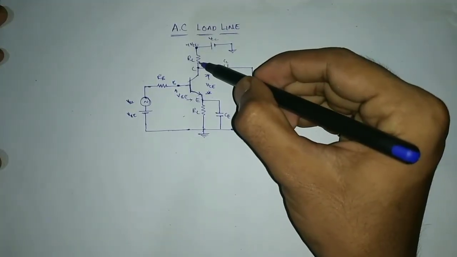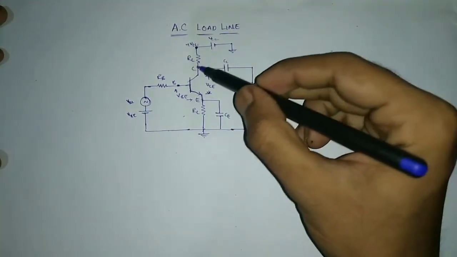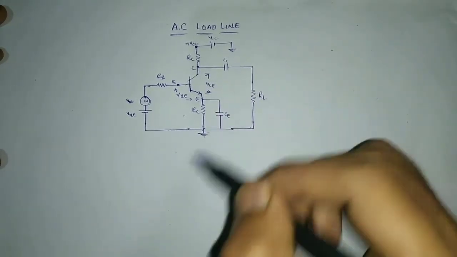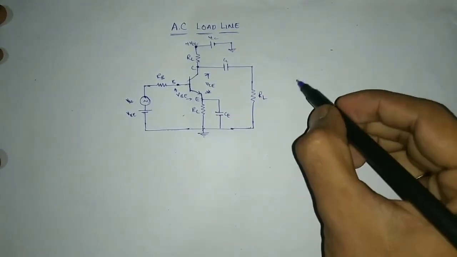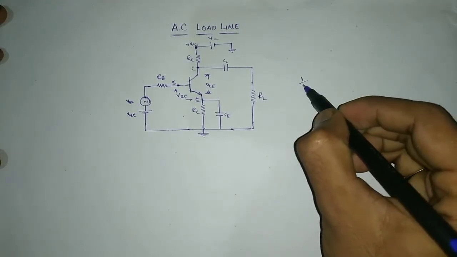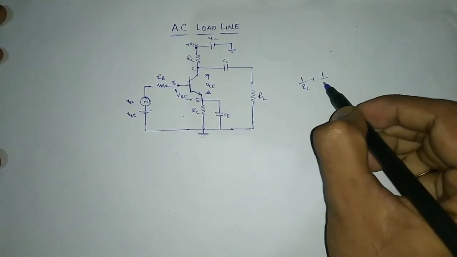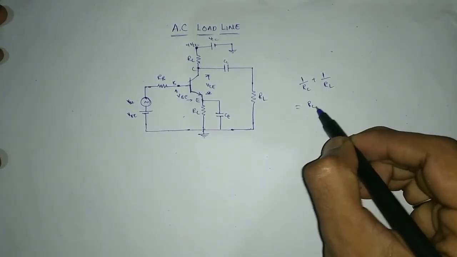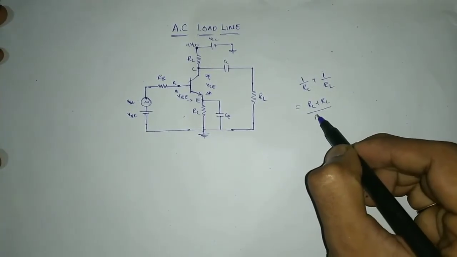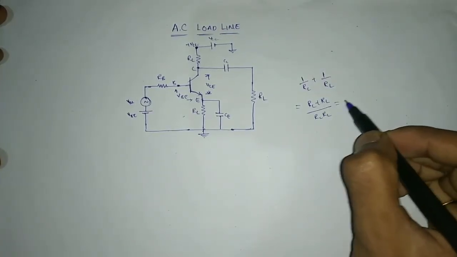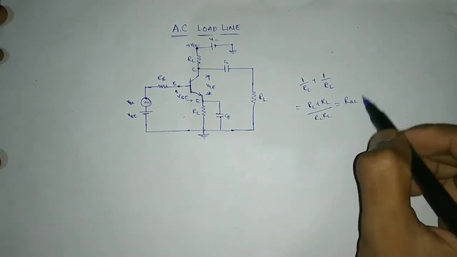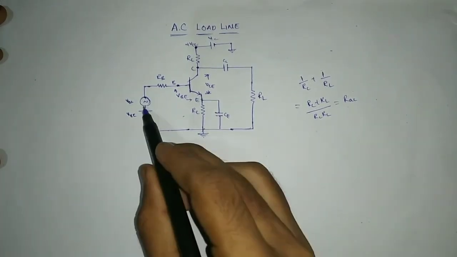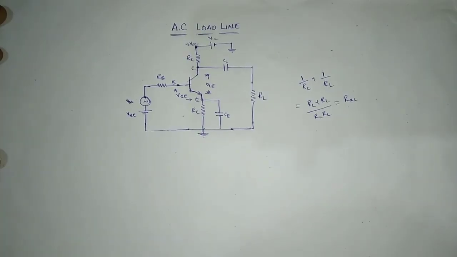Now let us assume that these two branches are parallel to each other. These two resistors are parallel, so the equivalent impedance is 1 by RC plus 1 by RL, that is equal to RC plus RL by RC into RL. Let us assume this as RAC, that is the resistance offered for AC input.